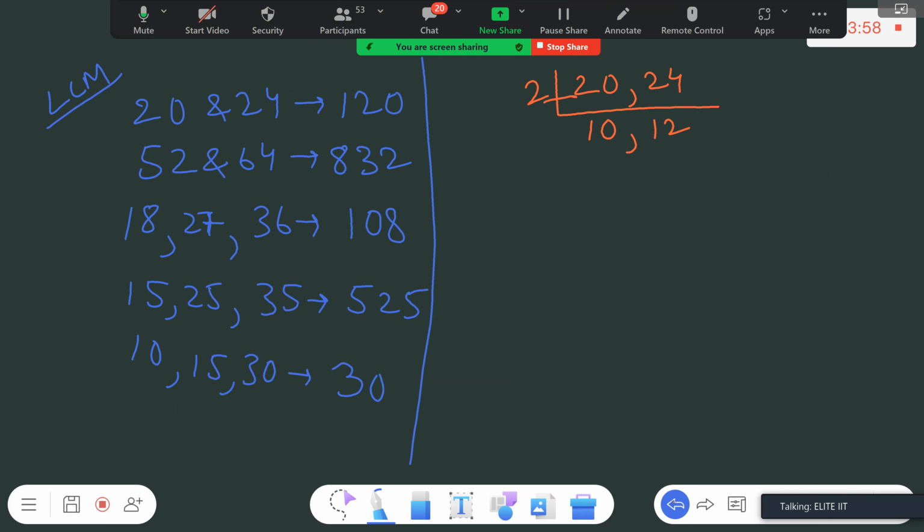Now again let us see if they have any common factor. Can you divide them by 2? Yes. 10 divided by 2 is 5 and 12 divided by 2 is 6. Now 5 and 6.